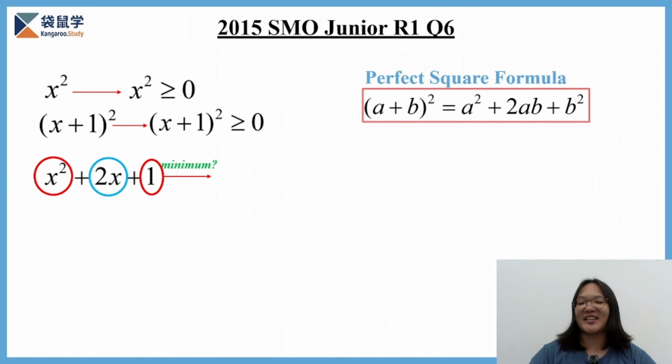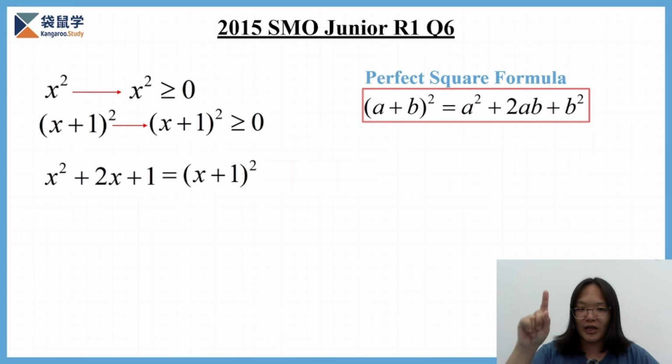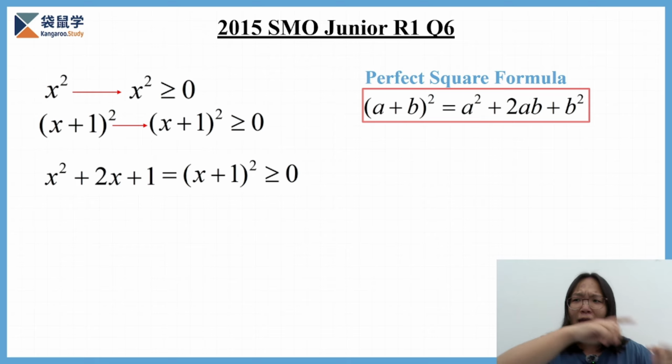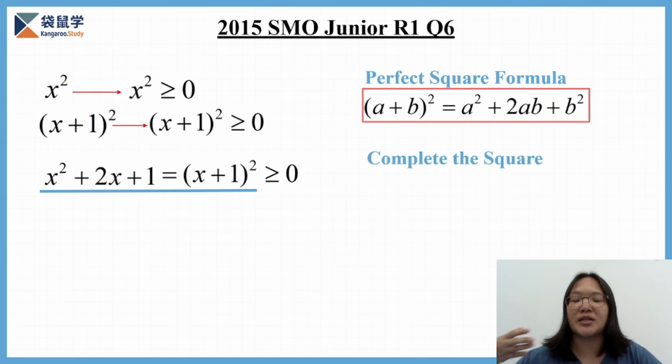So we know this line is actually a perfect square. Or we can rewrite it as x plus 1, taking the square. And what is the minimum value for this thing? Oh, it's again 0. So here we can find the minimum value by converting the given expression into a perfect square. And this procedure, this trick we're doing, is called complete the square.